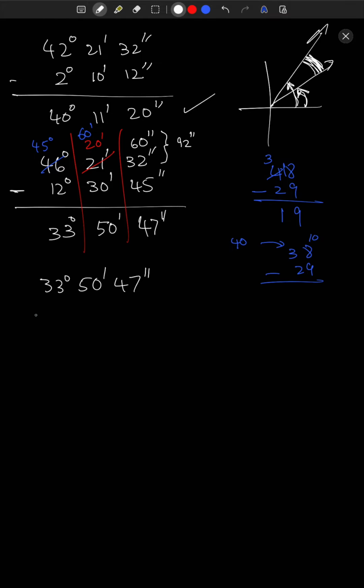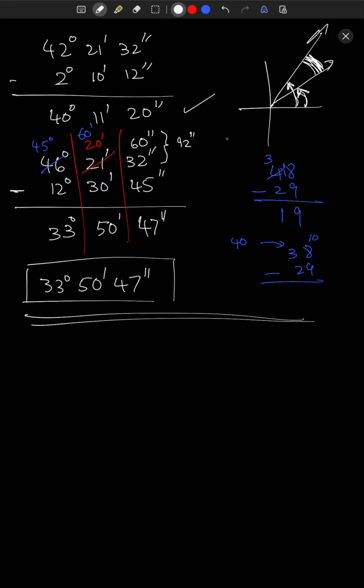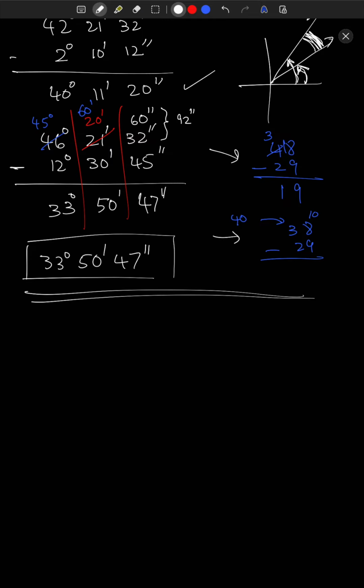Okay, so this is a nice way to work this through because we're all used to working with elementary school math. But it might be useful to think of this from a different point of view. So what is 46 degrees, 21 minutes, and 32 seconds minus 12 degrees, 30 minutes, 45 seconds?